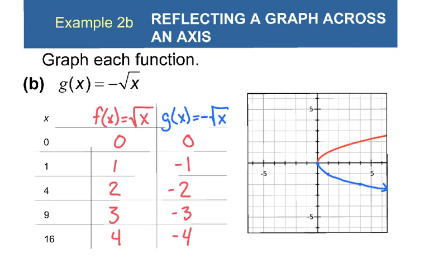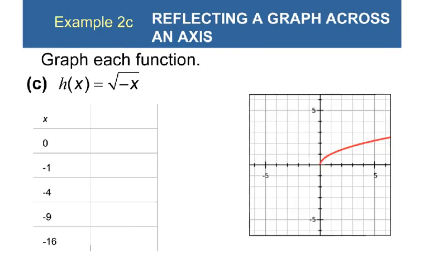And you see how it is that same basic function just flipped over the x-axis. And that is called a reflection across the x-axis. And remember, that's when we multiply our whole basic function by a negative value.